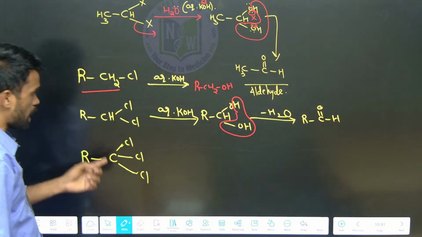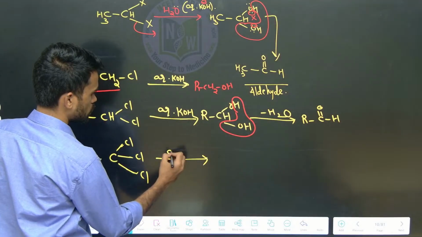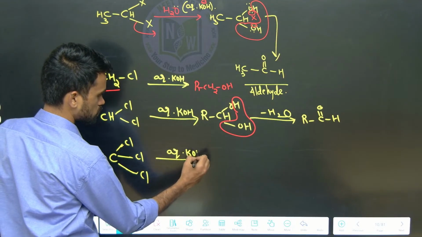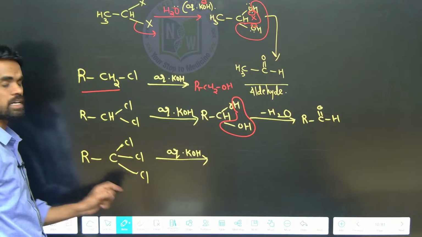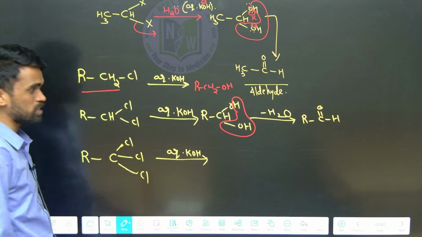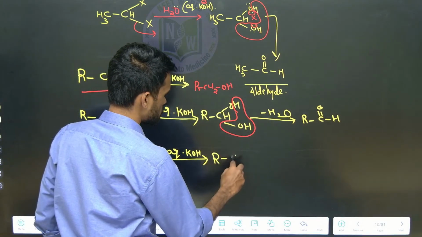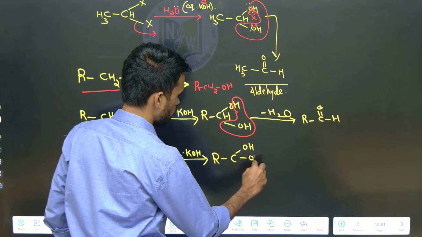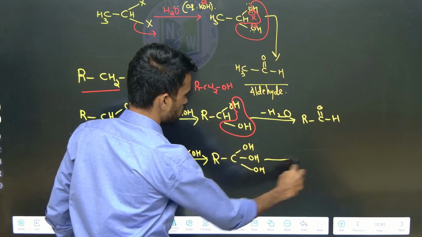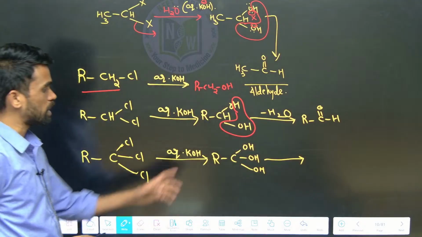Now what happens here? All three chlorides can be substituted by OH groups, and we will get RC(OH)(OH)(OH). Next, we can eliminate water. How?